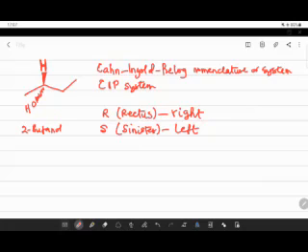So for two enantiomers, one will be R, one will be S. R for rectus, right, S for sinister, left.